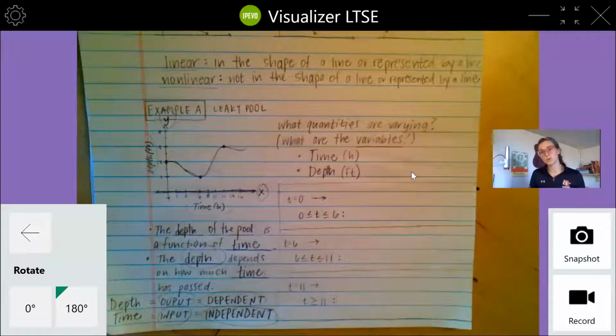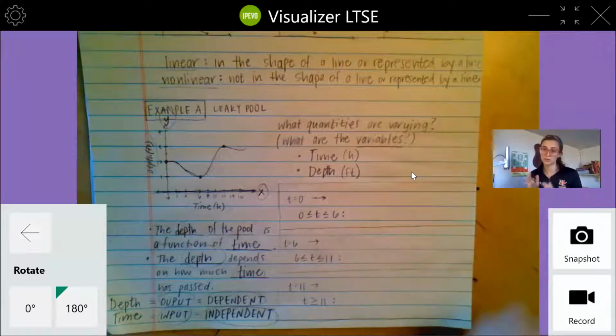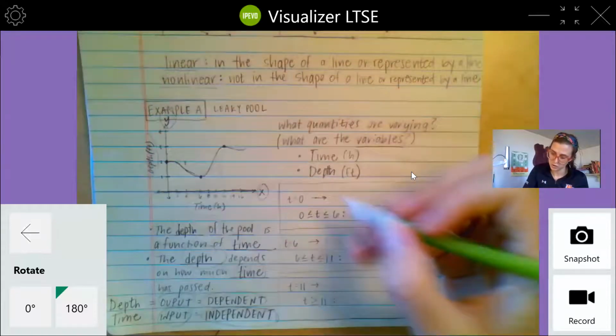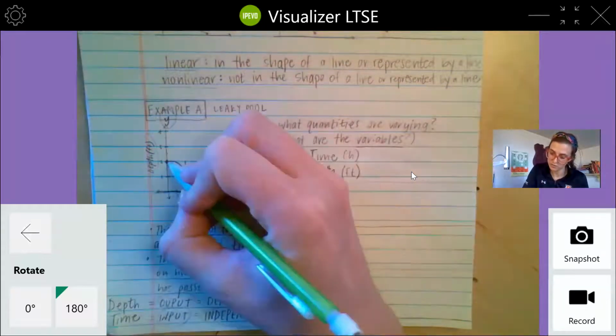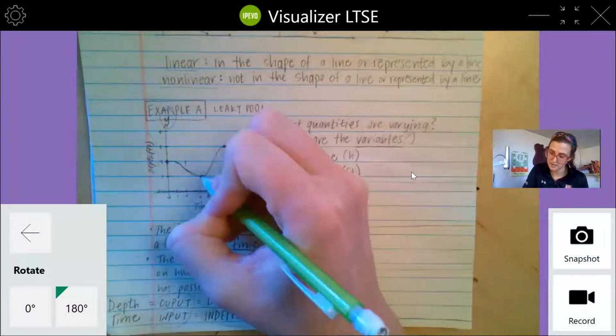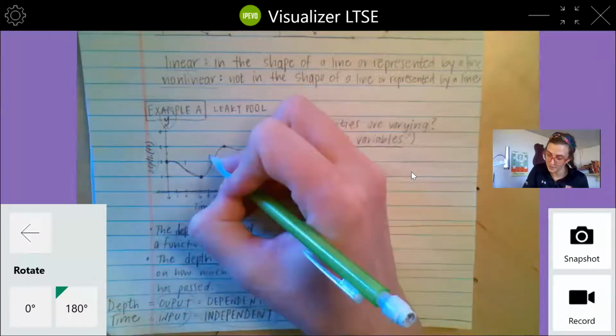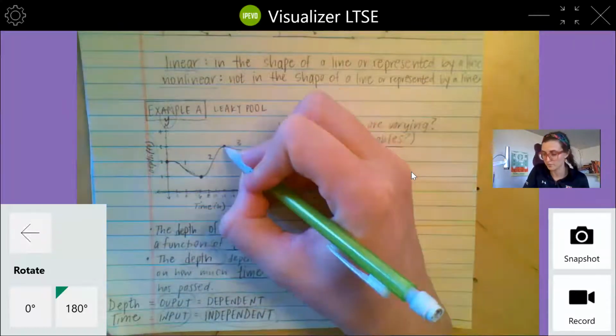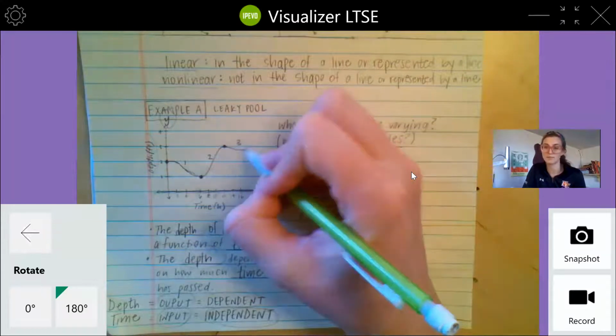So now we're going to practice using some of our vocabulary. We're going to do that by describing what's happening in this graph. I've broken this down into 3 little chunks. This is our first chunk here, the interval between those 2 points. The second interval would be right here between these 2 points. And then the third is right here, between this point and beyond.